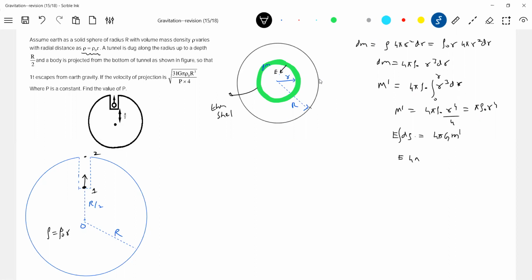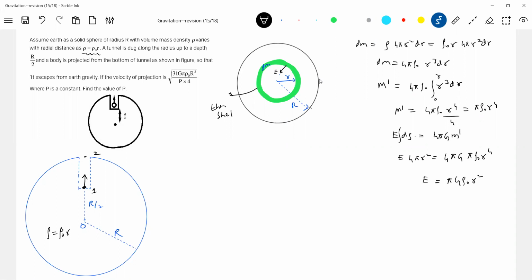So this should be equal to 4 pi r square E equals 4 pi G m dash, which is pi rho naught r to the power of 4. So pi will get eliminated, 4 will get eliminated, E equals pi G rho naught r square. So this is the expression for the field inside the sphere. So now what will happen?